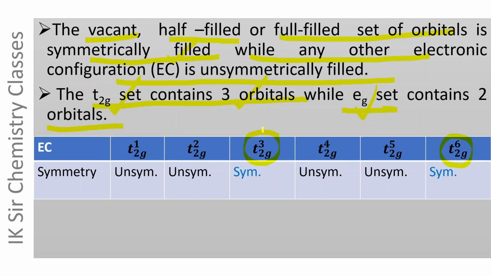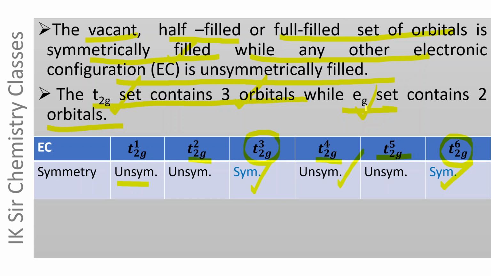Accordingly, when the configuration is t2g3, it is half-filled and symmetrical, and if the configuration is t2g6, it is full-filled and again symmetrical, while other electronic configurations t2g1, t2g2, t2g4 and t2g5 are unsymmetrical.